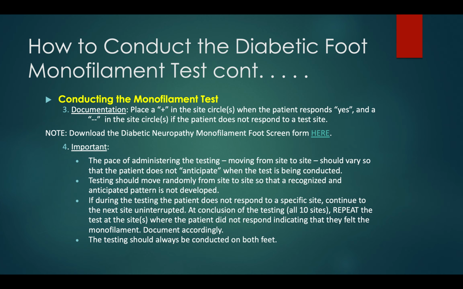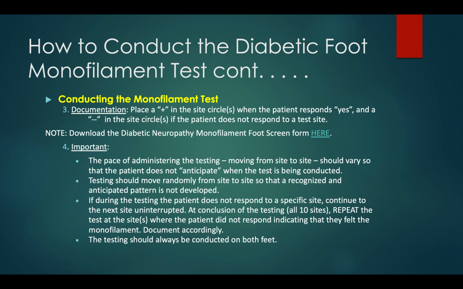Okay, so when you're conducting the test and you want to document your results, you will actually document it on that diagram of the foot with the red circles, and you're going to place a positive in the site circle. All of those where they could feel it and responded with a yes, you put a plus.